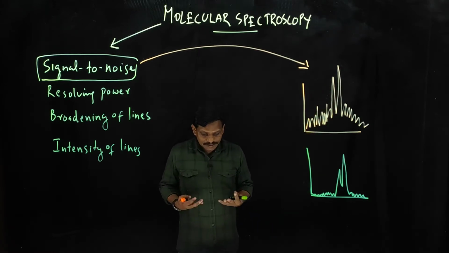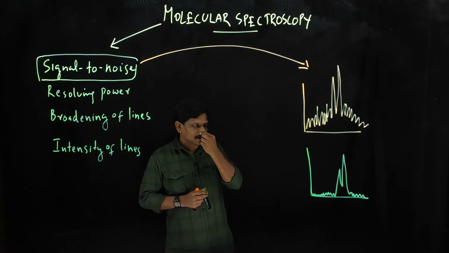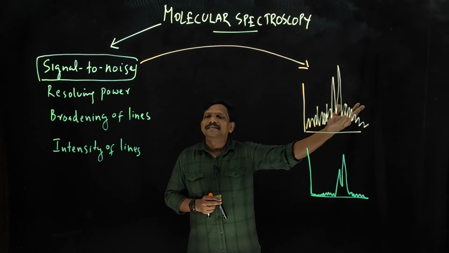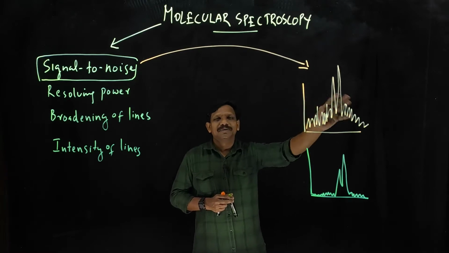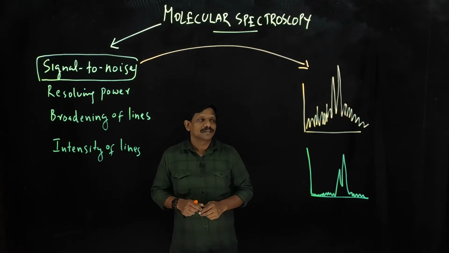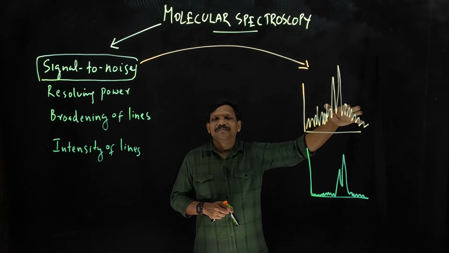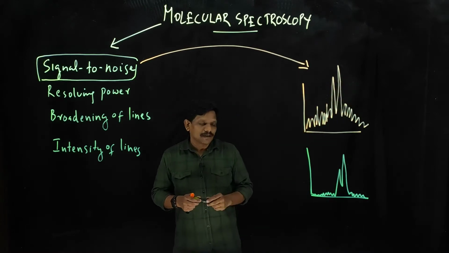Where does this noise come from? These are spurious signals coming from the detector or the source, so from sources other than the sample. This noise actually hides the actual spectrum.